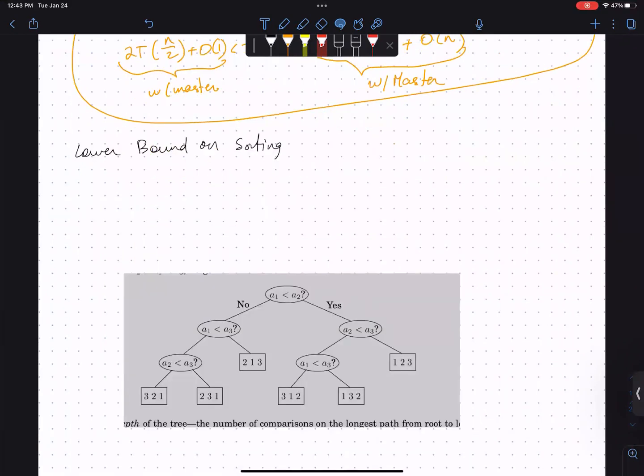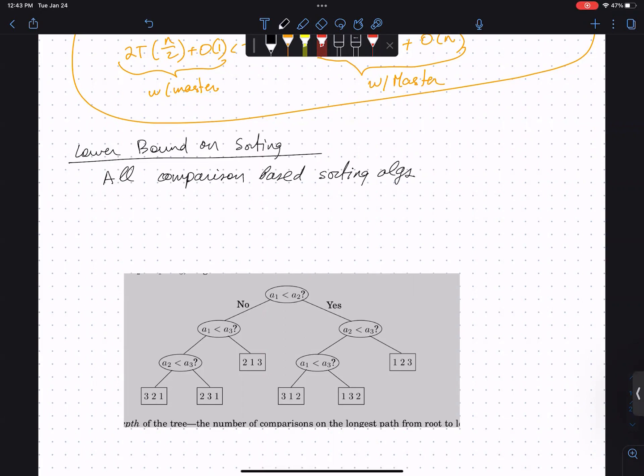Okay, so we're going to look at all sorting algorithms that you could possibly come up with that are based on doing comparisons. I'm going to explain what I mean. All comparison-based sorting algorithms.